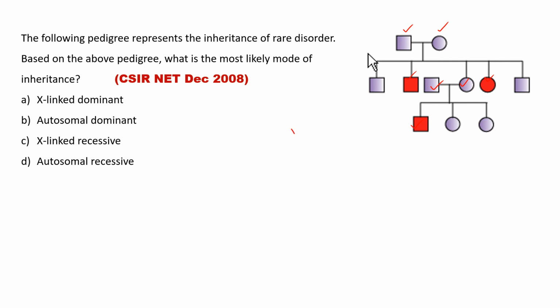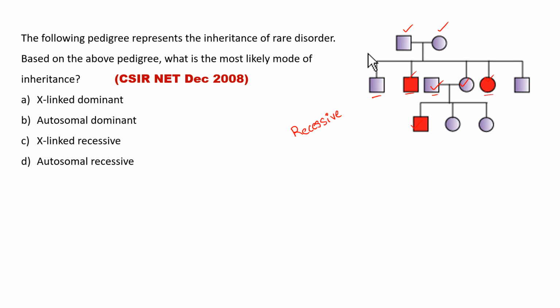So we can confirm that this is recessive. Next we have to check whether it is X-linked recessive or autosomal recessive. Here the proportion of affected and normal male and female offspring is equal. So we can confirm that this is autosomal.